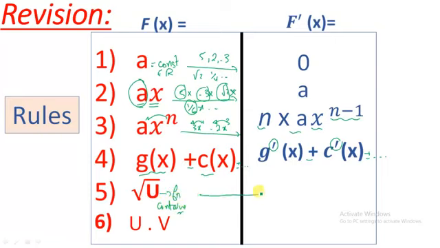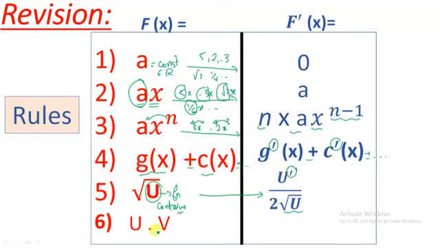In this case, what is the derivative? F prime of x will be equal to the derivative of the function under the radical over 2 multiplied by the function itself. It is equal to u prime over 2 radical u.